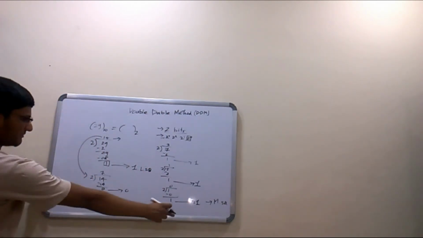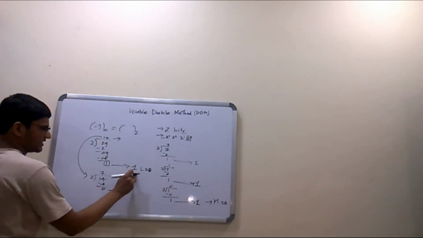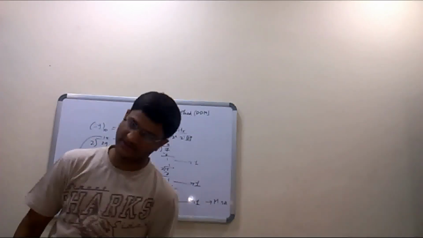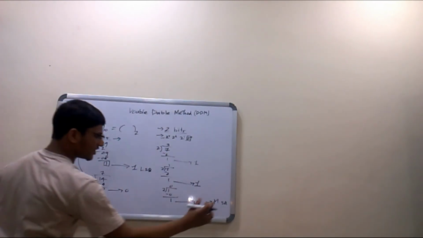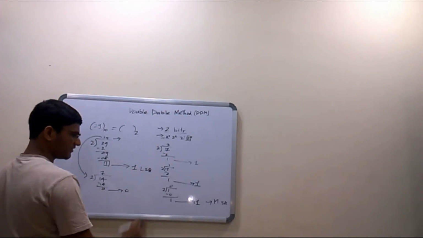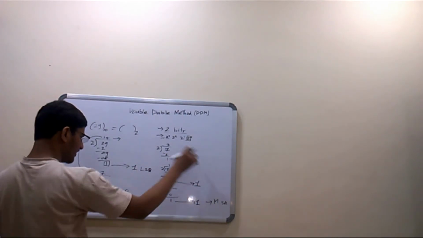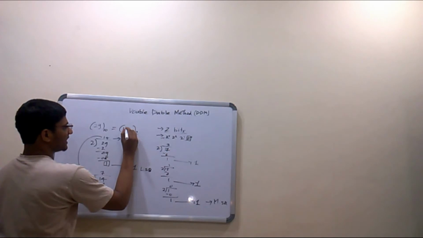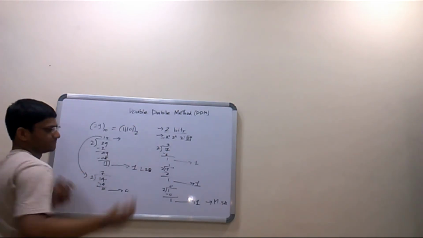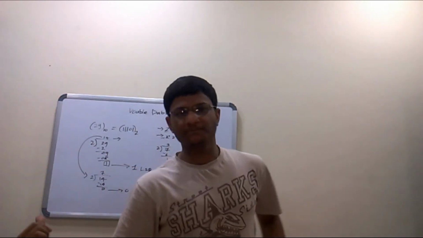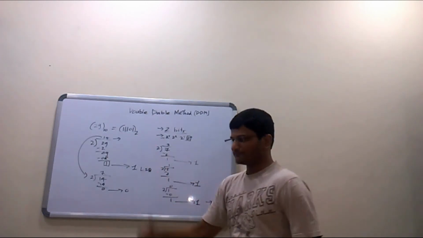So naturally, reading from left to right, we write from the most significant bit to the least significant bit. That gives 1 1 1 0 1. So the equivalent binary number will be 1 1 1 0 1. I hope this method is clear. This is known as the double method.